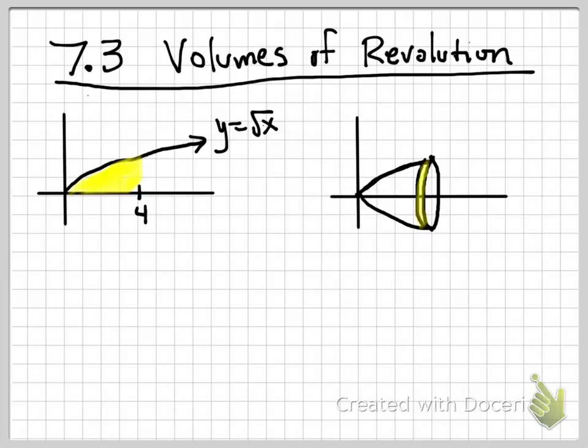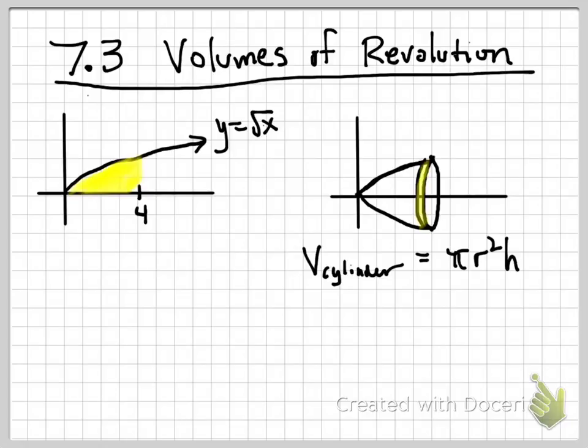What shape does that kind of look like? We would say that it kind of resembles a cylinder. And so we might consider how you find the volume of a cylinder. That is equal to pi times the radius squared, the area of the base, multiplied times the height.